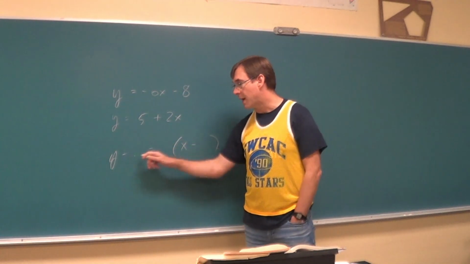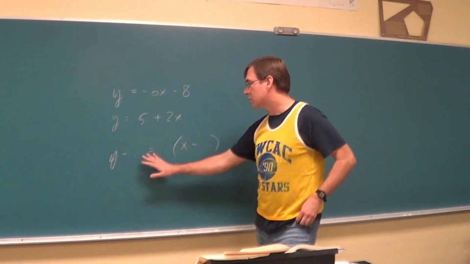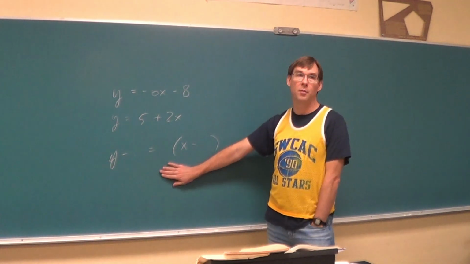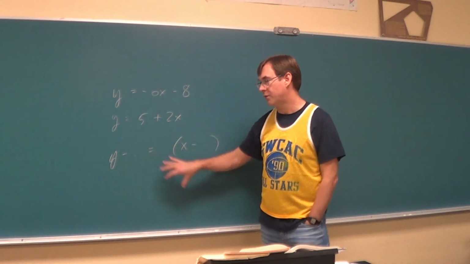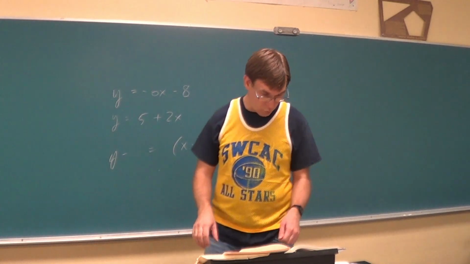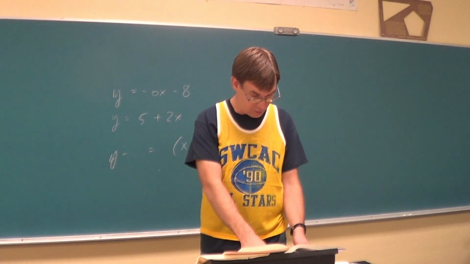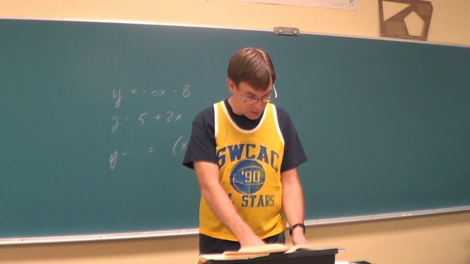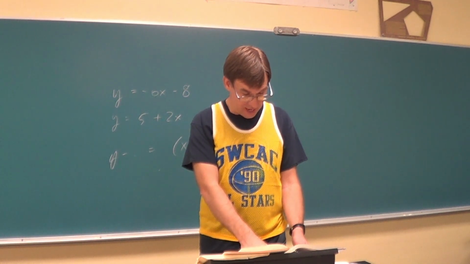This is the setup of how all of these 7 to 12s are going to get created. But once we set them up, what do we have to do to the parentheses side? Distribute, and then we're going to have to do an add or subtract opposite to get the y alone. So I'll tell you 7, and then we'll hunt the final numbers for the other ones. 7's going to go y equals negative a half x plus 17 halves.